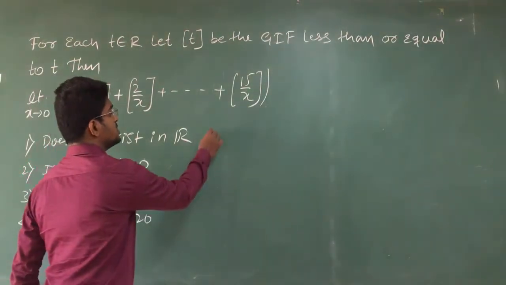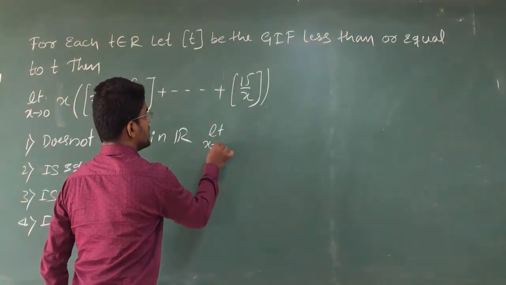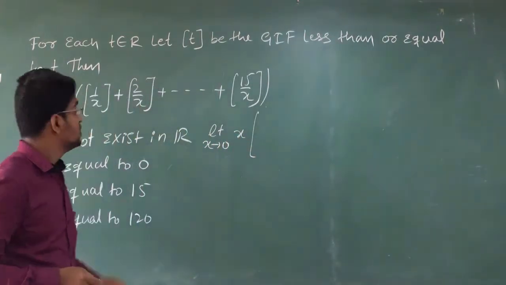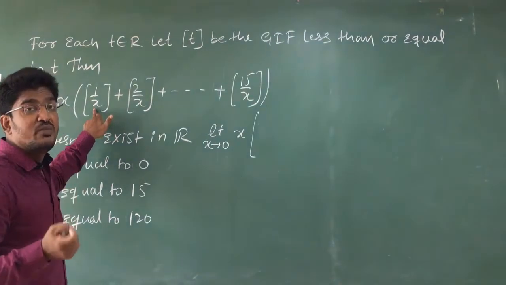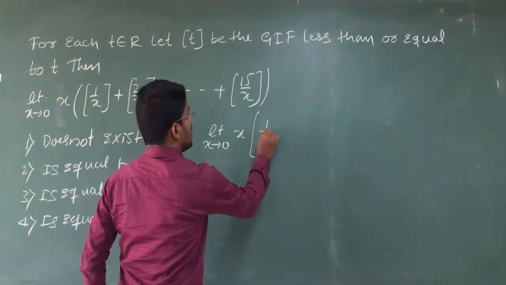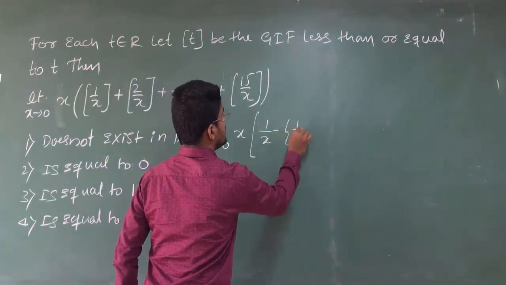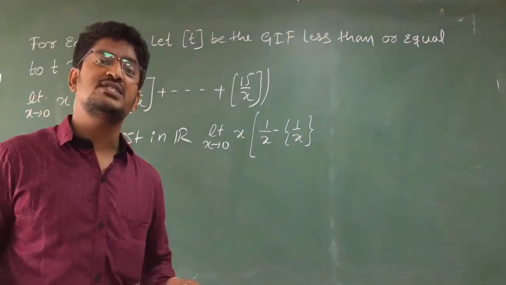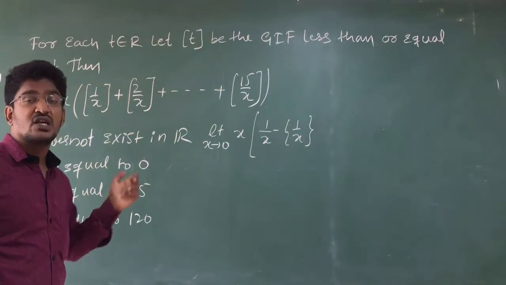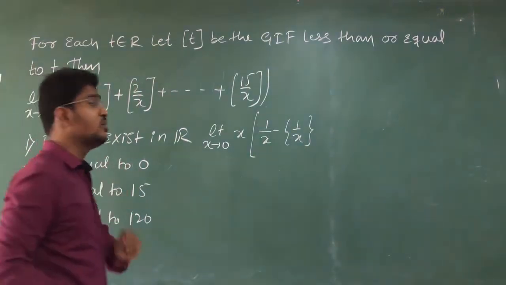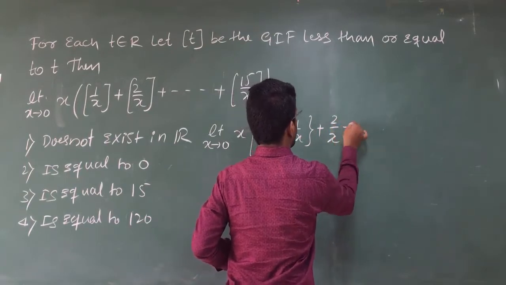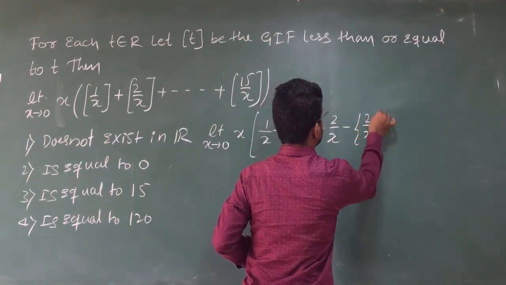Let us simplify this. That is limit extending to 0. This can be written as x, I will write as it is. So greatest integer of 1 by x can be written as 1 by x minus fractional function of 1 by x. As you all know, greatest integer function of 1 by x can be written as 1 by x minus fractional function of 1 by x, plus 2 by x minus fractional function of 2 by x.